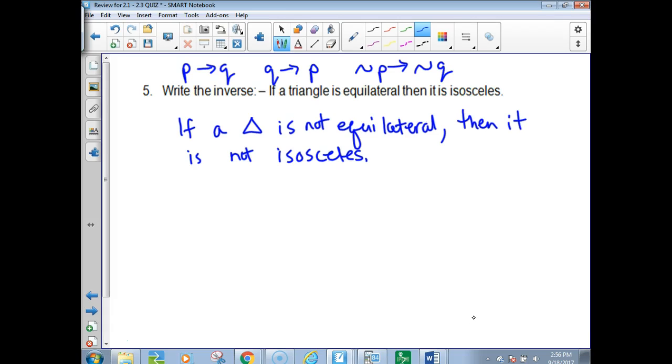That's how I memorized how to spell it. Just said it with a little bit of rhyme or something. Okay? Triangle is not equilateral, then it is not isosceles. That is the inverse of this statement: if a triangle is equilateral, then it is isosceles.